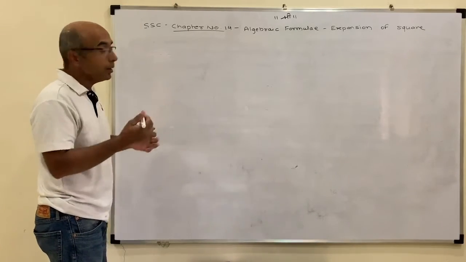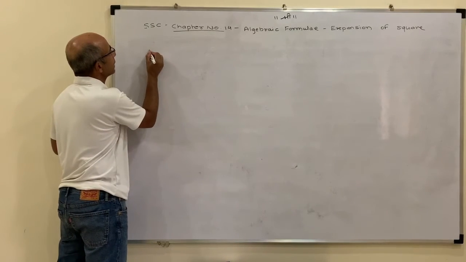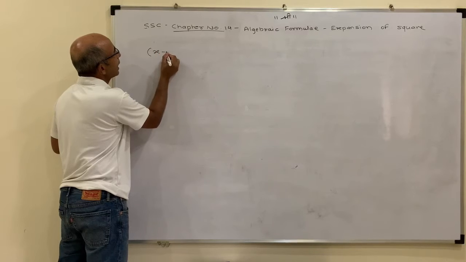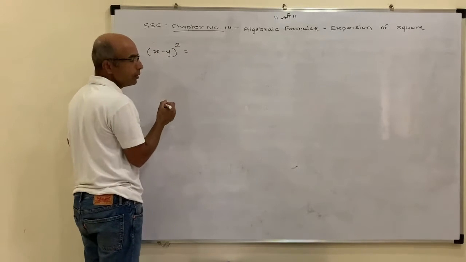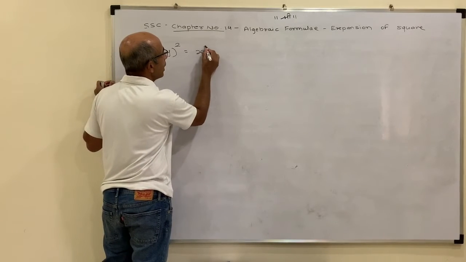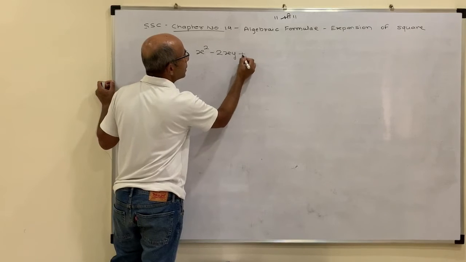Now let's look at the other similar expansion of a square. (x minus y) square equals x square minus 2xy plus y square.